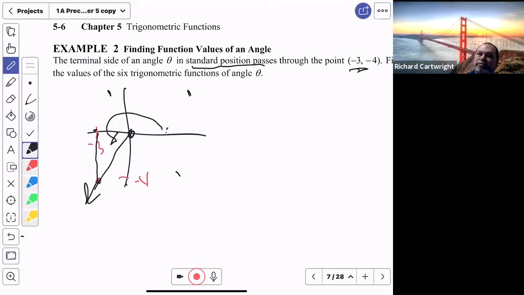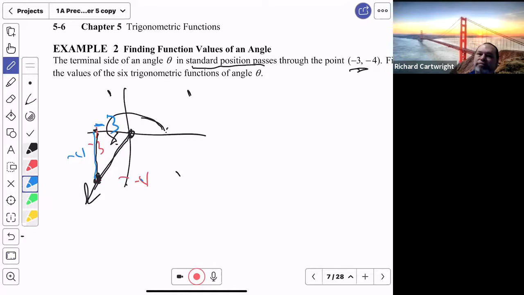This angle that I made, that ray, the terminal side has to go through that point. So when I look at the measurements, that distance here is a negative 3. That distance here, the y value, is the negative 4. All I'm missing is the r.